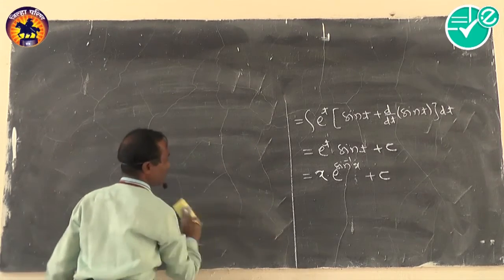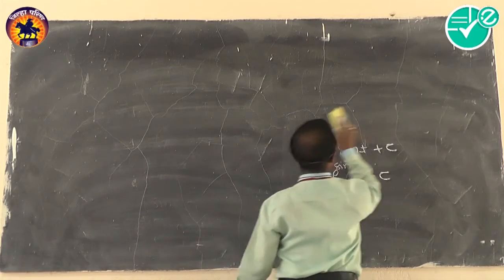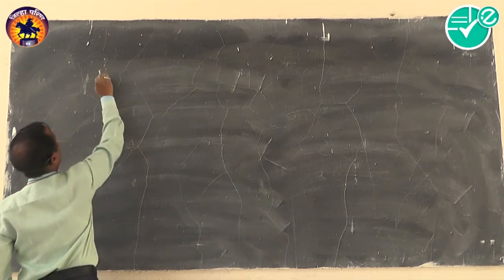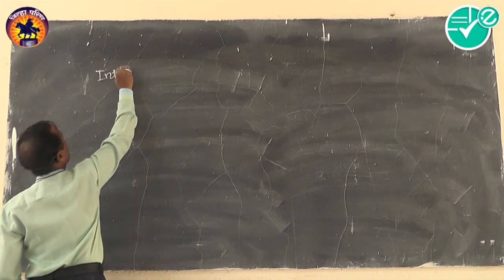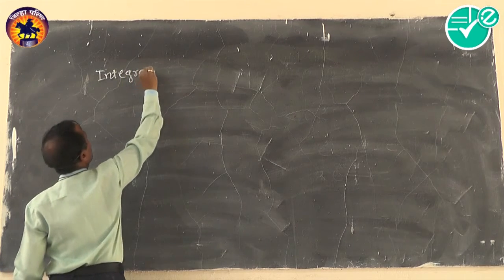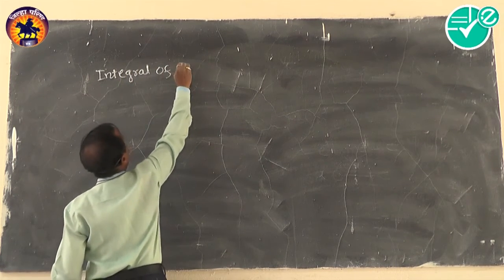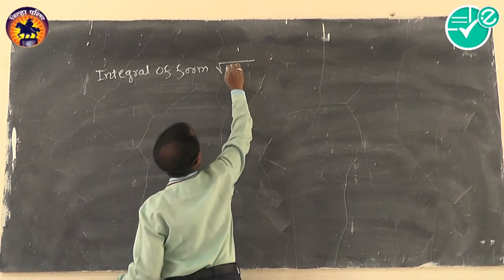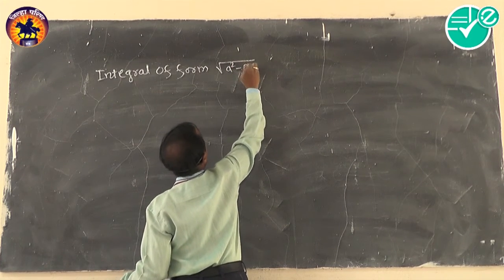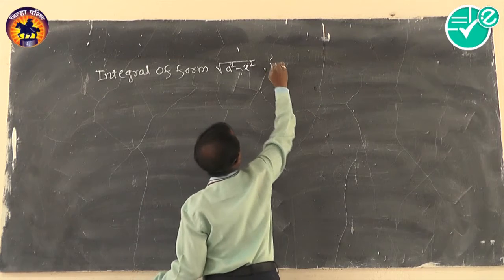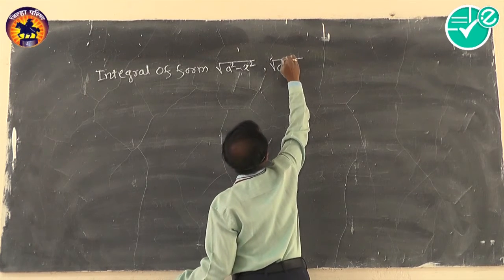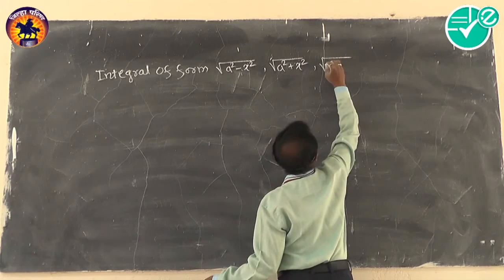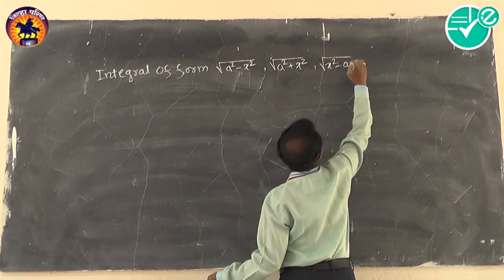Integrals of the form root a square minus x square, root a square plus x square, root x square minus a square.